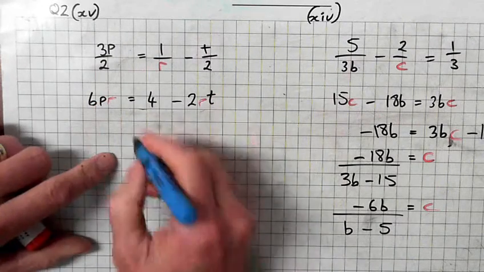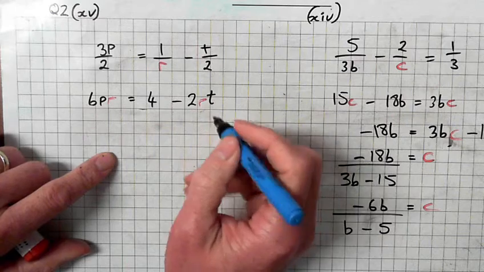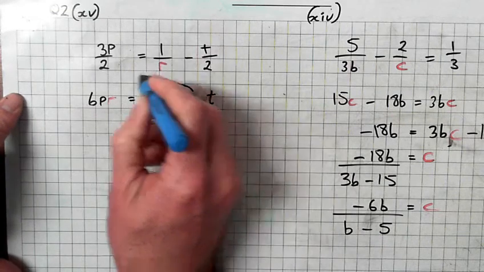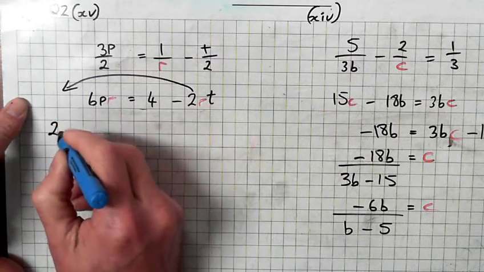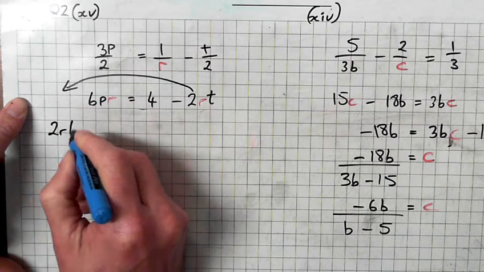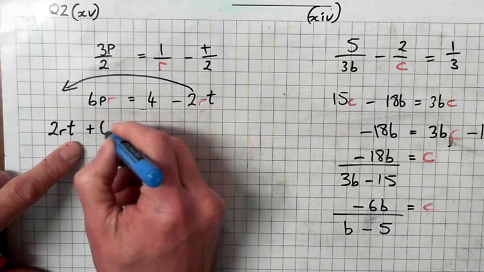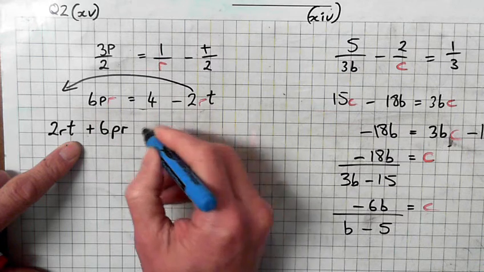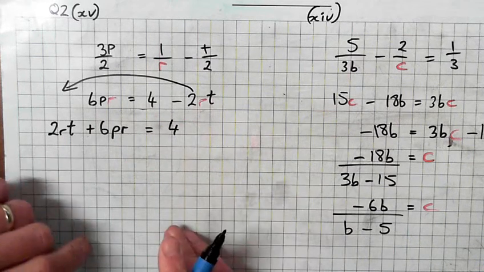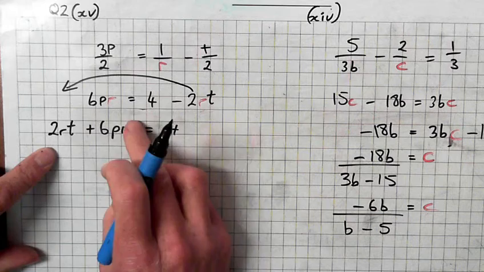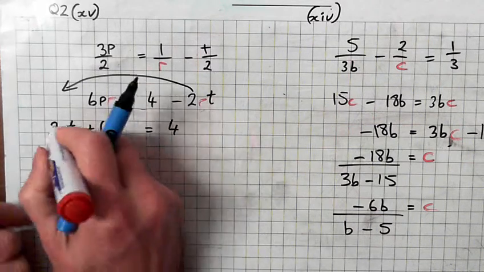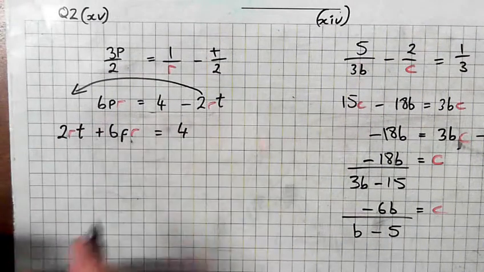Alright. Anything containing an r needs to go to the same side. So I'll move the minus 2tr across here. Plus 2rt plus 6pr is equal to 4. Right, so the r's, again I'll write them in red. Pick out the r from the brackets.